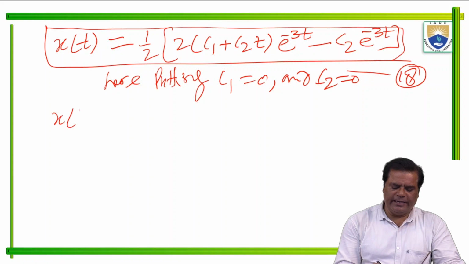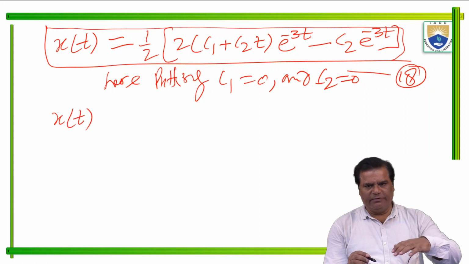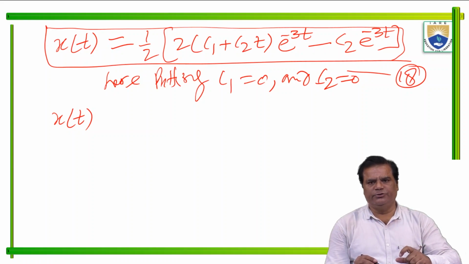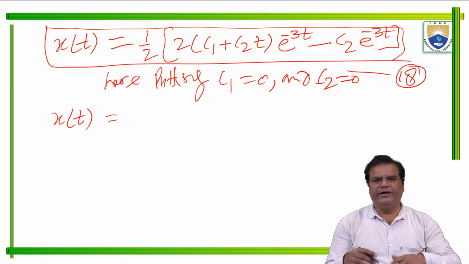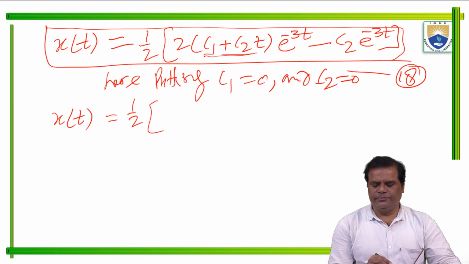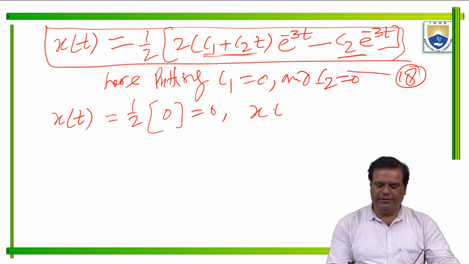We put the value of the constants in our solution, not putting t as 0. So x(t), 1 upon 2, with c1 and c2 both 0, finally x(t) is 0.